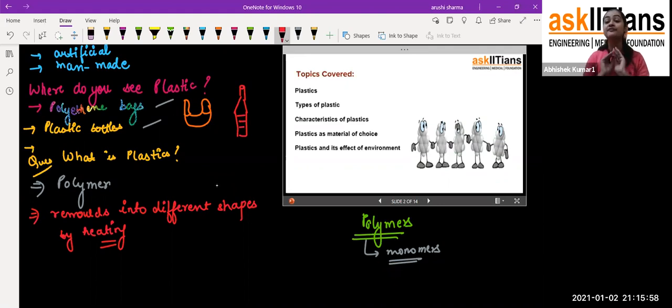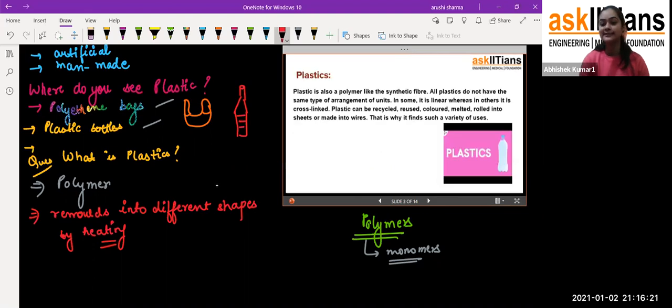So there are so many things which are having plastic, but it's just that we are using them in different forms. So plastics are those kinds of materials which we can remold easily and use in different shapes by just providing heat. Okay, so this is called plastic, students.